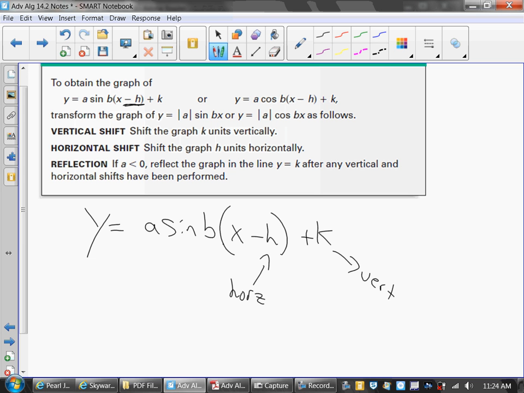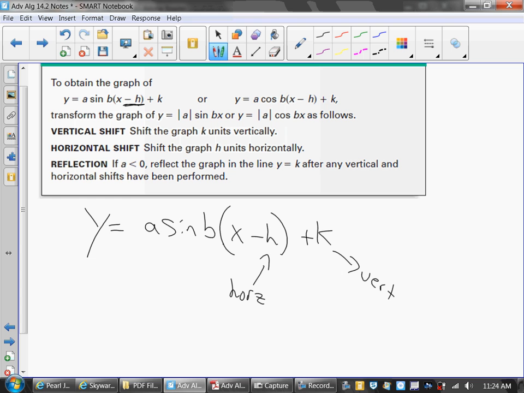So we follow the same rules as everything else. Instead of changing this, I'm just going to put the second one in for it: y equals A sine B of x minus h, plus k.